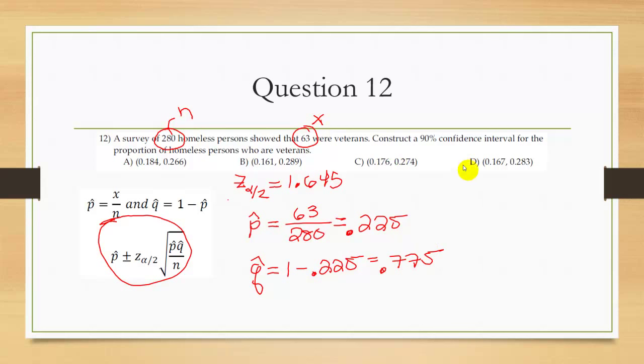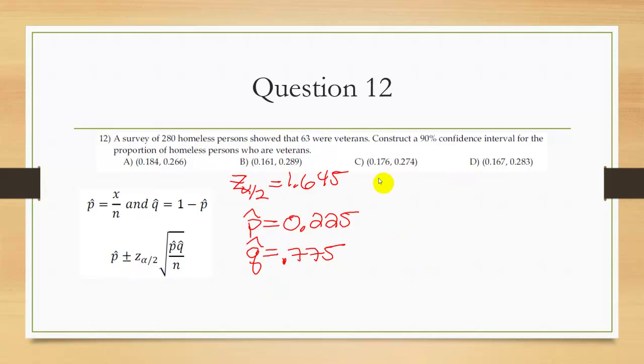So using these numbers in my formula, we get p hat was 0.225 plus or minus z, which is 1.645, times the square root of p hat, which is 0.225, times q hat, which was 0.775, all over our sample size, which we established was 280.